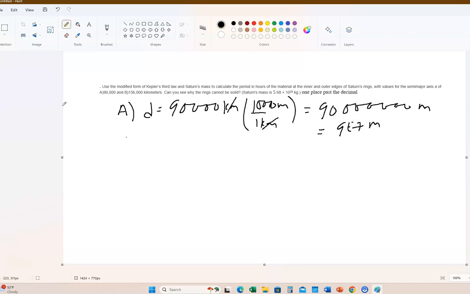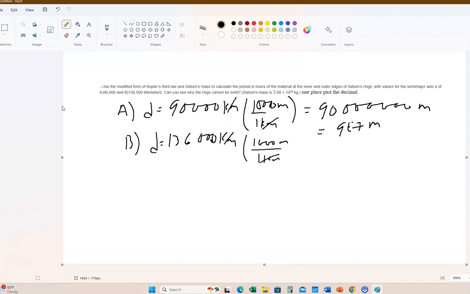And the same token goes for part B. The distance for the outer ring is 136,000 kilometers. And same token, there are 1,000 meters in 1 kilometer.